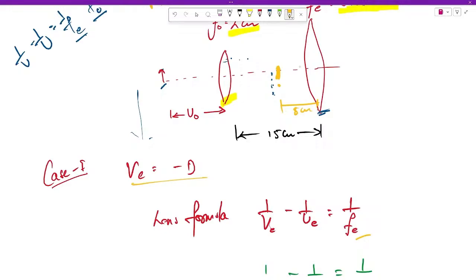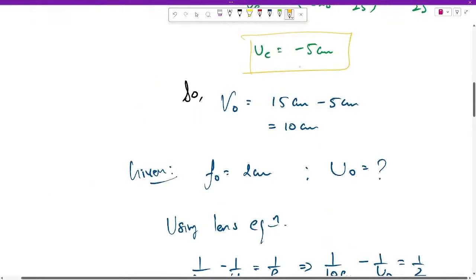So if the object should be 5 centimeter to the left of the lens, then the image formed by the objective should be at 10 centimeter on the right side of this lens. So V_O, the image distance for this objective, is 15 centimeter minus 5 centimeter, that is 10 centimeter.